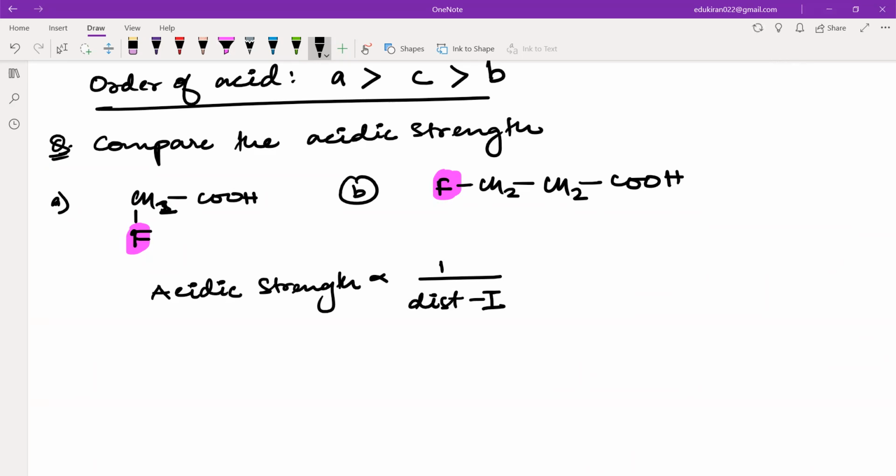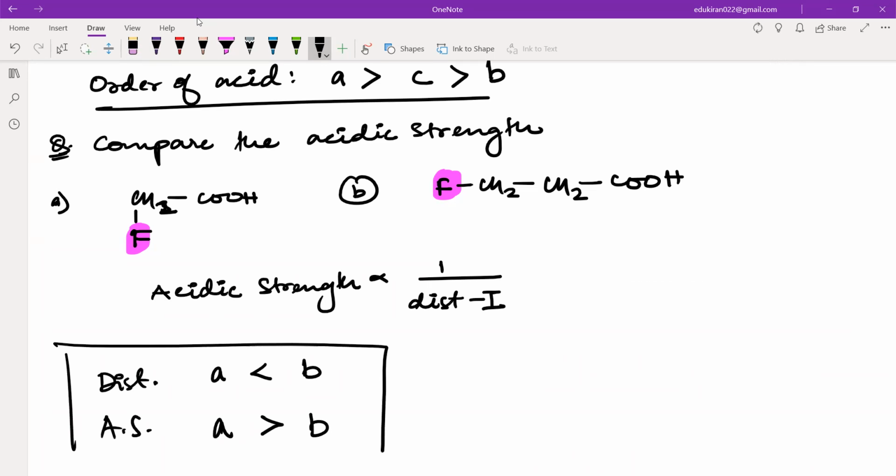If I talk about the distance, A has a smaller distance than B. This is the distance order, and the acidic strength will be just the opposite. That is why B has the farther distance, right? So the acidic strength will be just reverse. A is more acidic than B. Let me know if you understood this, yes or no. Yes. Okay. Yes, sir.